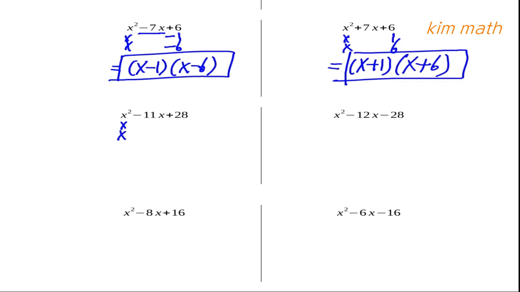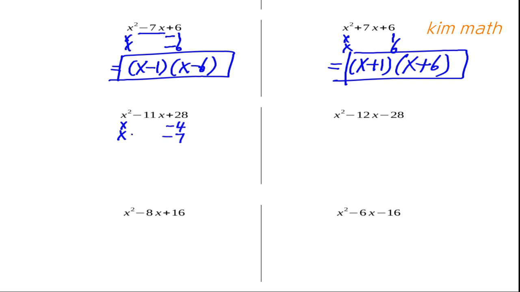So how about 2 and 14? By adding and subtracting, it is not possible to make a -11. Okay, I will erase this one. How about 4 and 7? Wow, 4 times 7 is 28. The sum of cross multiplication is a -11. So you can choose both negative.